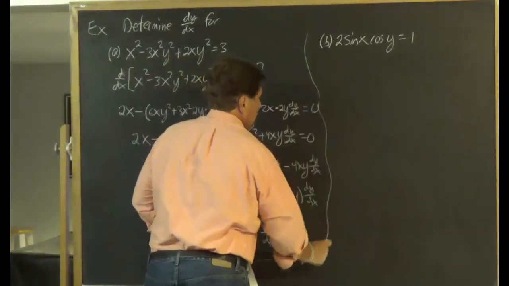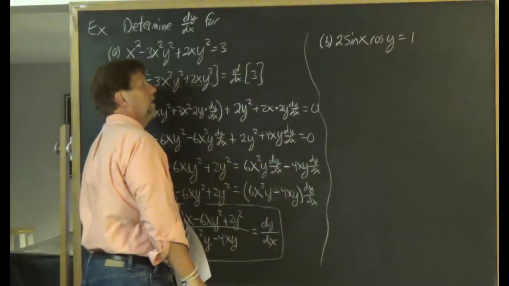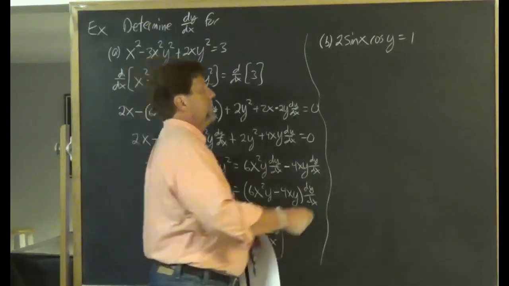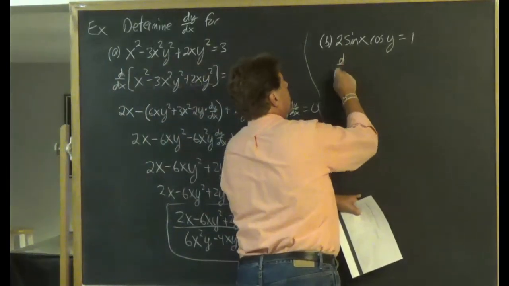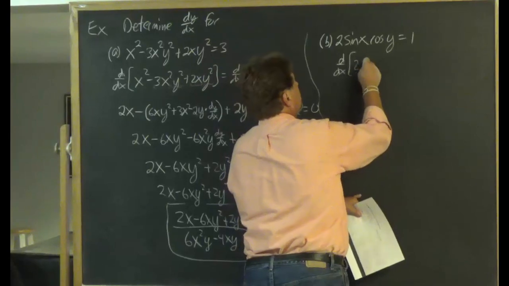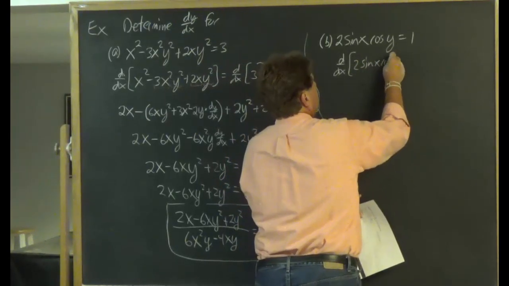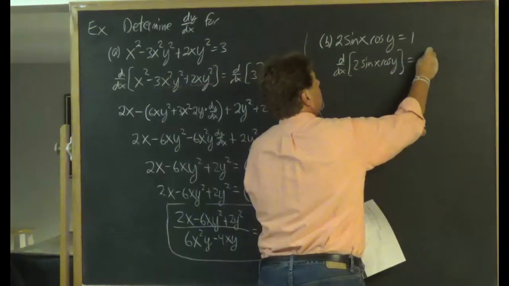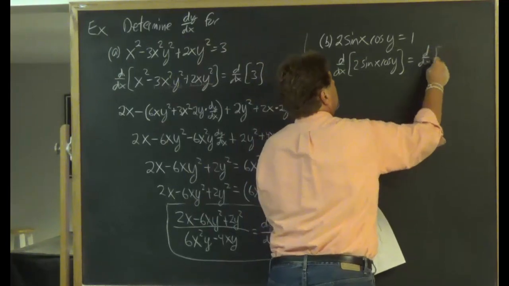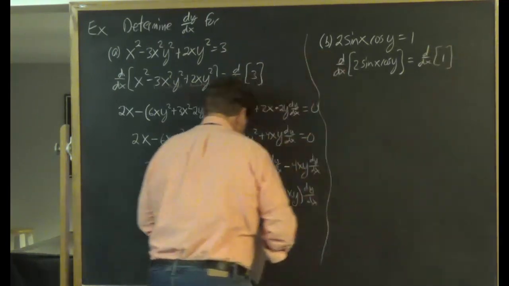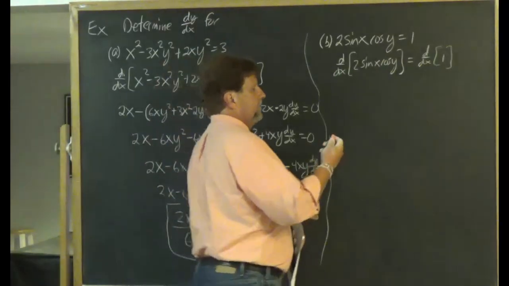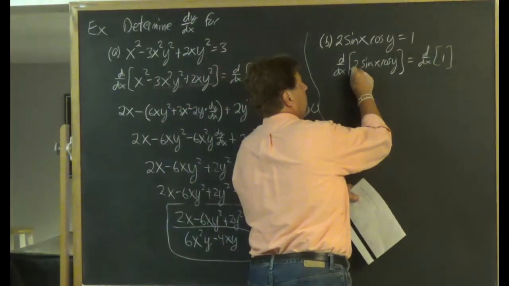Part B. Let's start out with d/dx of both sides of the equation. Notice we have a product rule on the left side here.